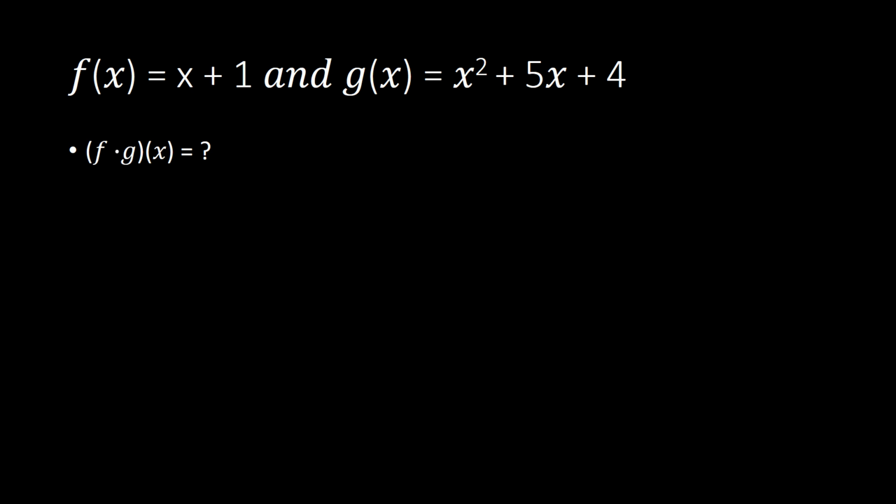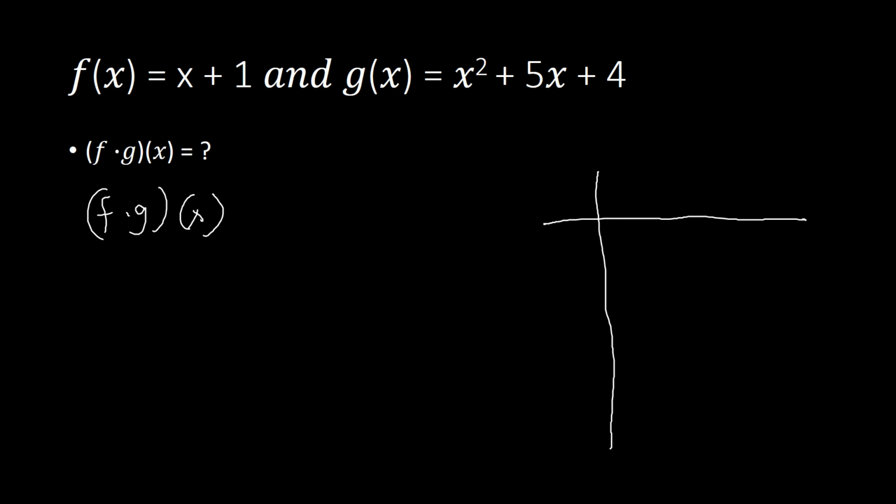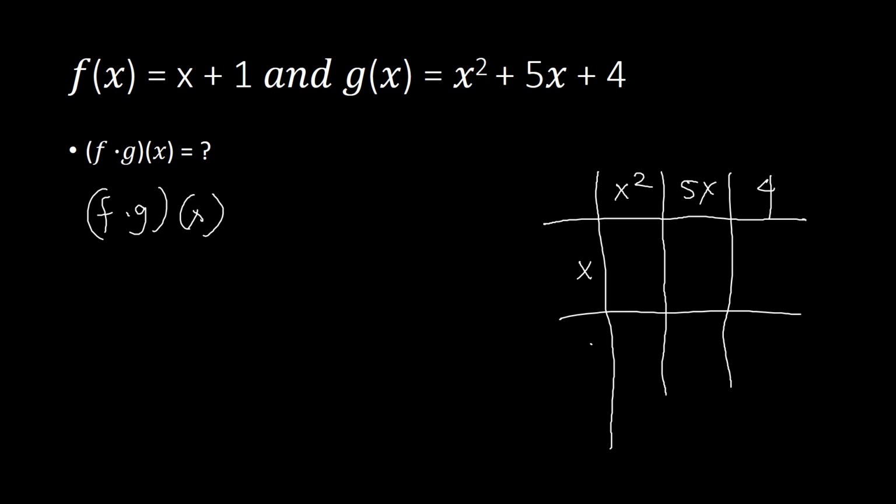Next, we go for f times g of x. So since this is a trinomial on the other one, we need to do box method. It's up to you if you wanted to do the box method or the lattice or the distribution. So x squared, then we've got 5x, then we've got 4, then here we've got x, and then a 1.